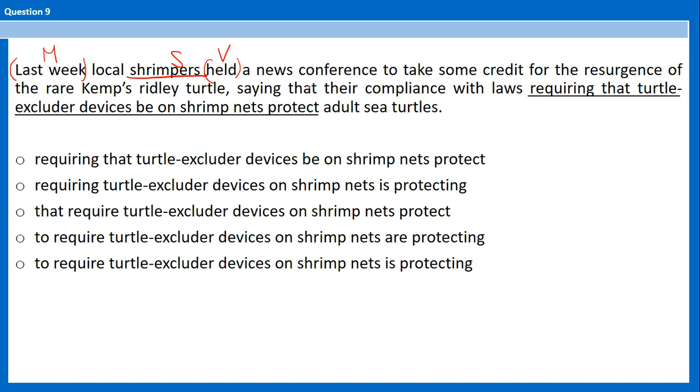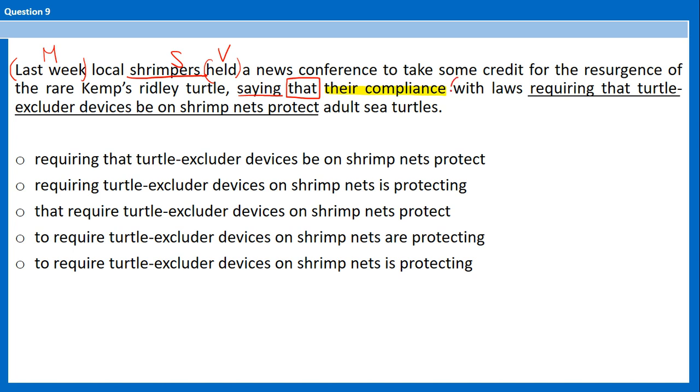Saying that their compliance. Okay, be careful when you have a verb or a verbal form plus the subordinator "that." When that happens, you will have a subordinated subject, which is the noun after the word "that." So saying that their compliance, that is the subject, their compliance, and then you have a prepositional phrase, which is a modifier.